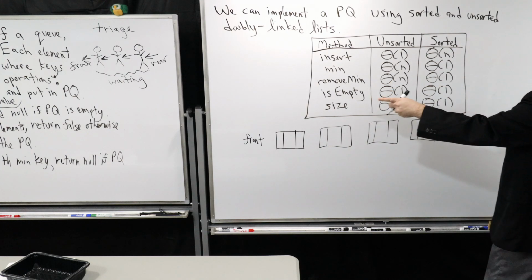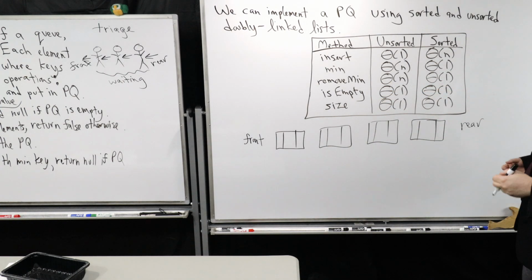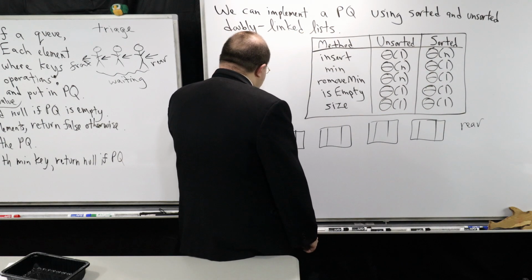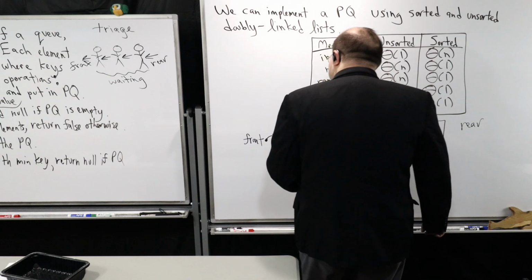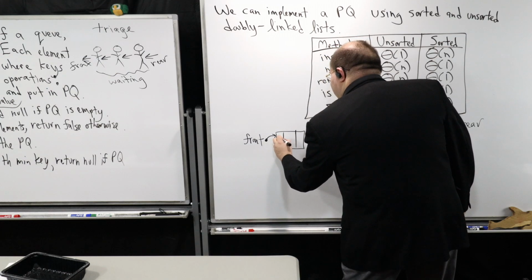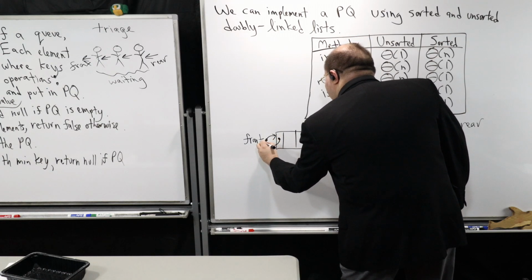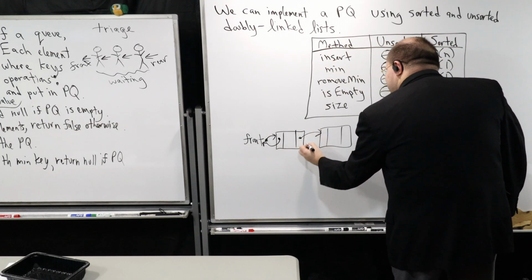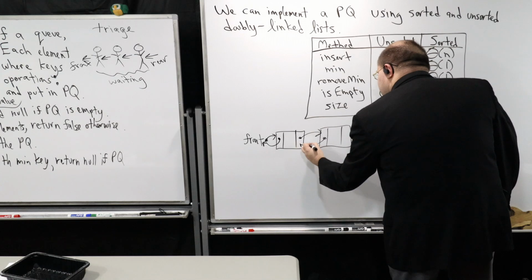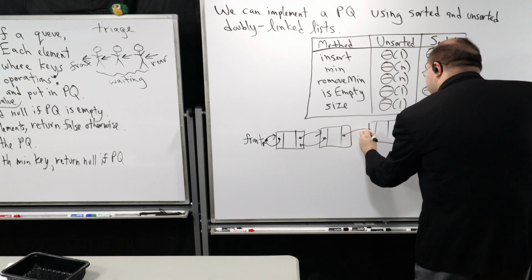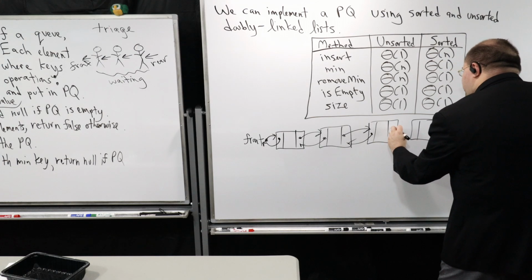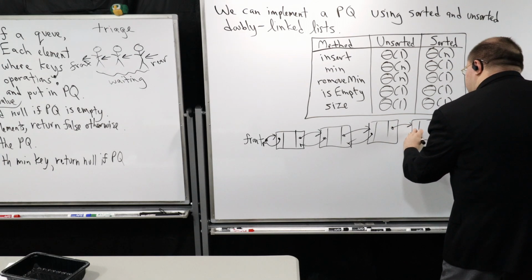Sometimes people will call that the head and the trailer for this specific implementation. The front is pointing to the first node, but each node has a pointer that goes back to the previous node, like this. So it has a next attribute and a previous attribute.